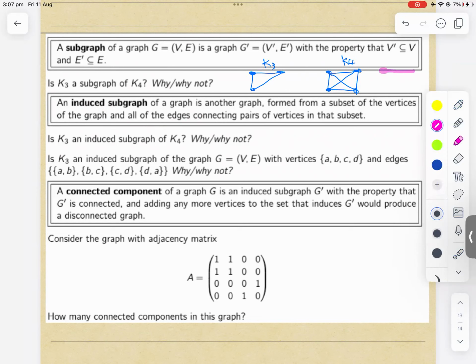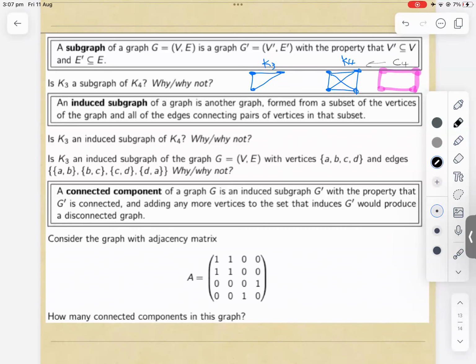Can I take this one? Let's call this one C4. So C4 is the induced subgraph of this K4.